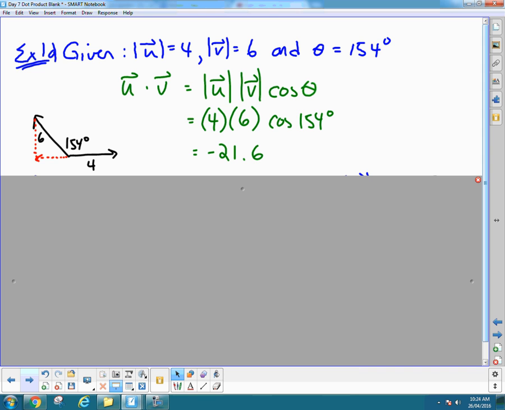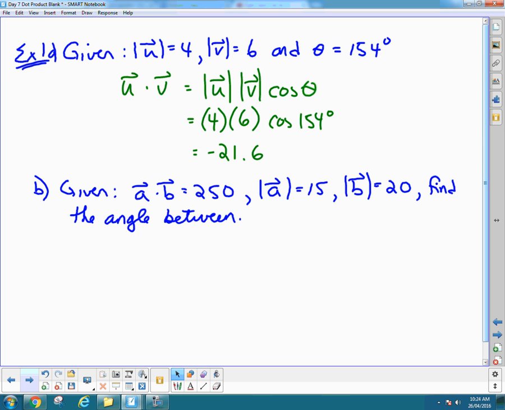So I'm not surprised that the magnitude of this multiplication is negative, because there are some connections between the dot product and projections. But really, all we care about is just calculating the dot product. So the picture is not necessary. We can just look at it, use the formula, magnitude of u times magnitude of v cos theta, and we get our answer.